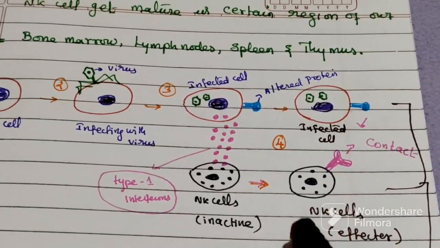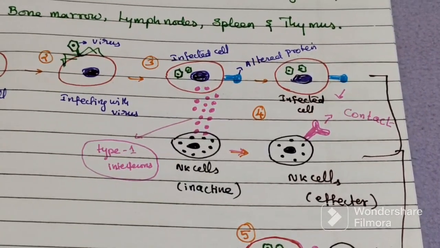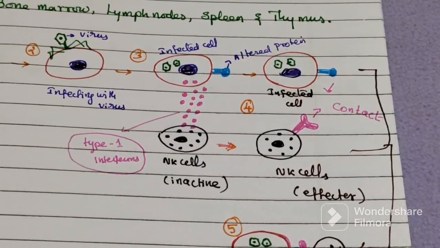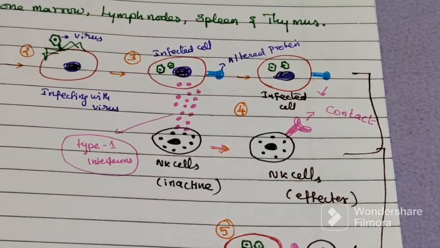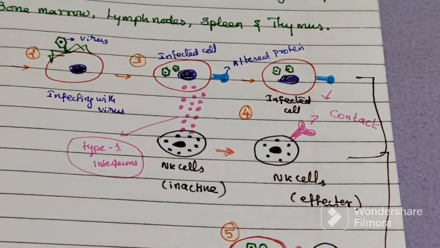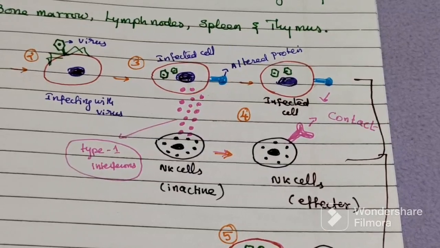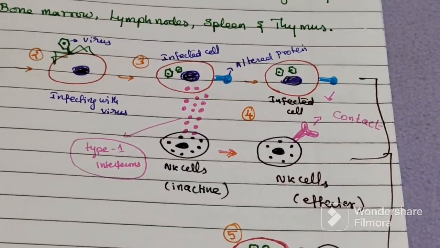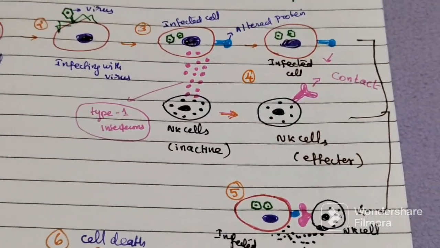It is called an effector NK cell because it is activated, or mature. This mature NK cell performs a major vital role in the defense mechanism to kill the infected cell.